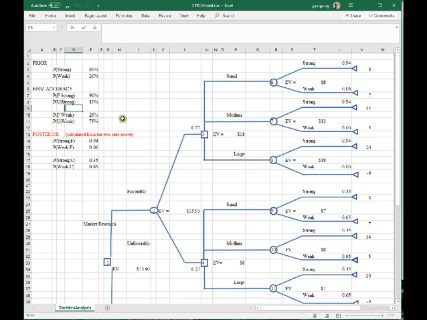So, with that historical information, for weak demand, how many times when you had weak demand, what percentage of the time did they issue a favorable report, and what percentage of the time did they issue an unfavorable report? Well, for weak demand, it was 25 and 75, and likewise for strong demand, 90% of the time they gave a favorable report, 10% of the time they gave an unfavorable report. So that's the firm's accuracy, and it's a conditional probability, but it's the conditional probability we need.